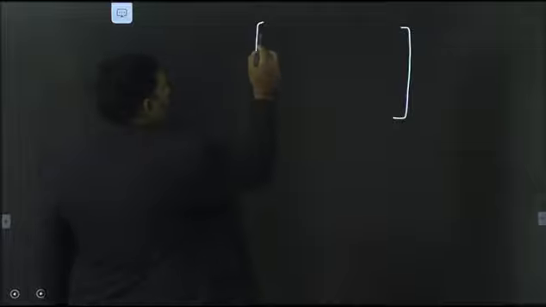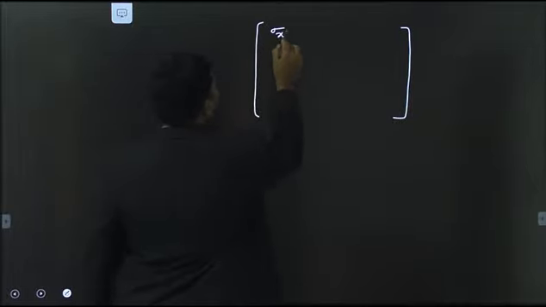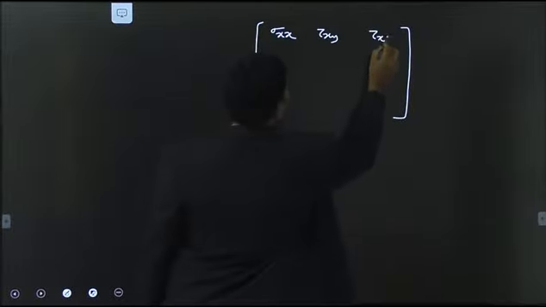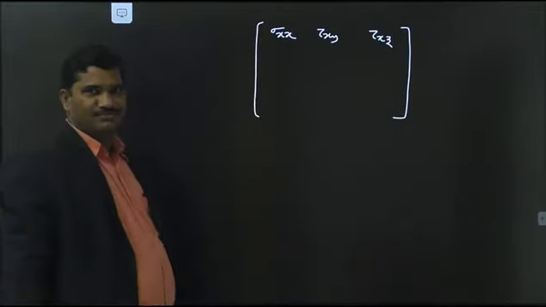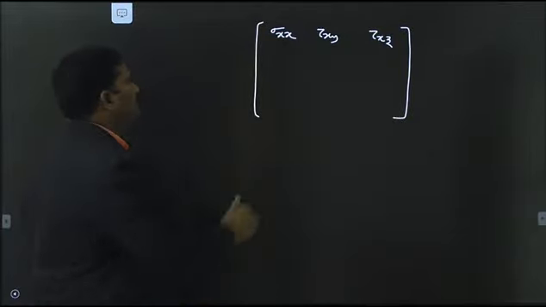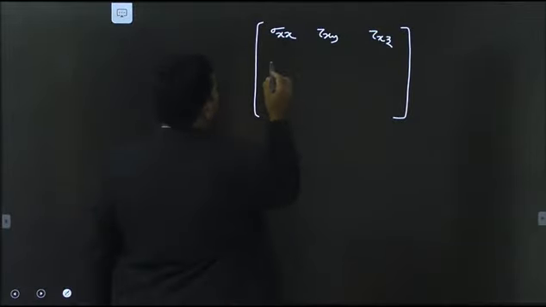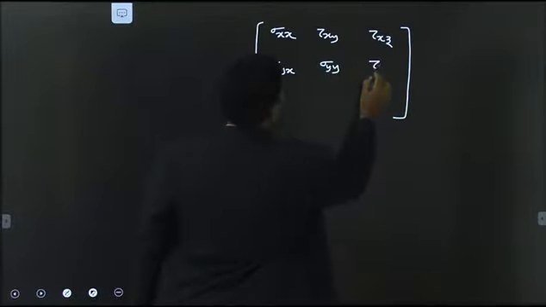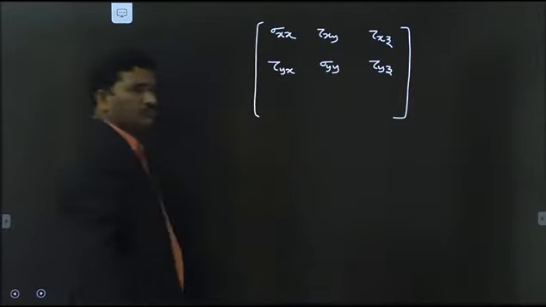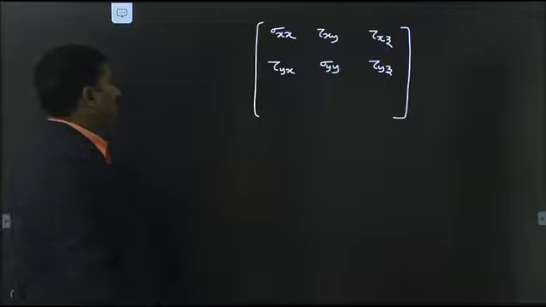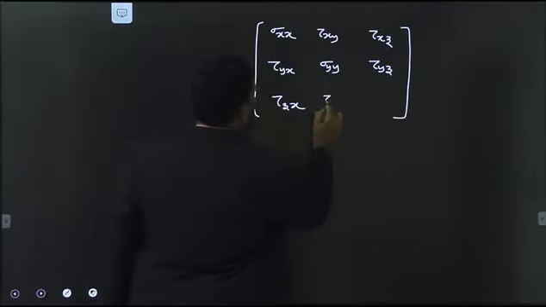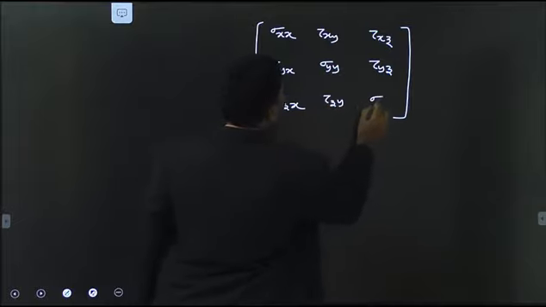The first row of elements are sigma xx, tau xy, and tau xz. The second row of elements are tau yx, sigma yy, and tau yz. The third row of elements are tau zx, tau zy, and sigma zz.